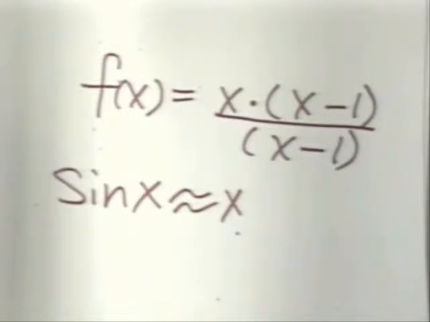How do I get that? Well, you evaluate sine of 0, which is 0, and then you have the derivative of sine of x, which is cosine, evaluated at 0, which is 1. So, and then x. What about the second order derivative?